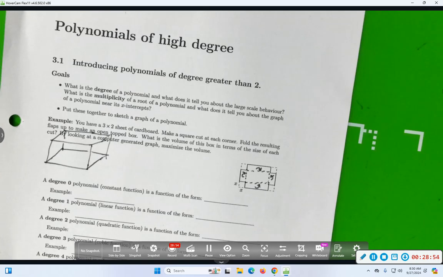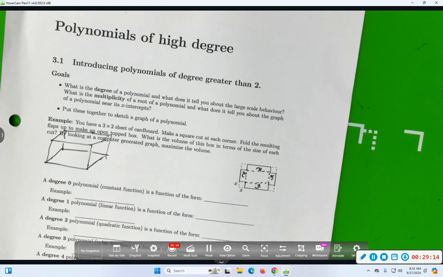So I guess the width of the box is going to be that length. You're going to fold these flaps up. So from that picture, could you tell me what the width of this box is going to be? 3 minus 2x. Right, the total box is 3 wide. I forget what units I gave.